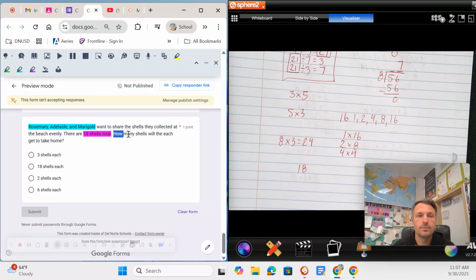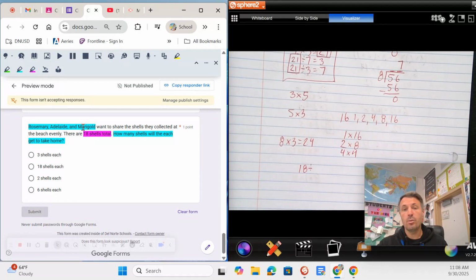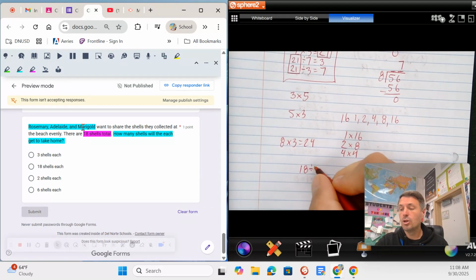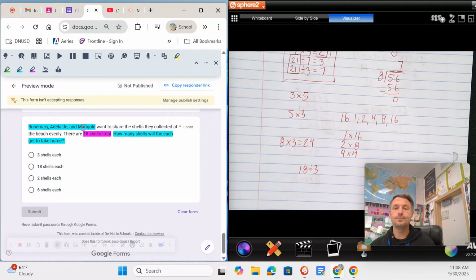That's the question. So it might seem like this only gives us one number, 18. No, it also gives you the number 3 because there's 3 girls. And the 18 shells are being split up evenly between those 3 girls. Anytime you're splitting something up evenly, you're dividing it into parts, which means you're dividing. We're dividing it into 3 parts.